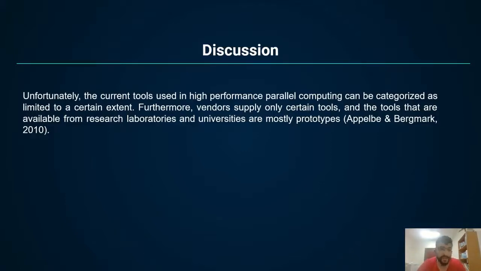This is due to the fact that, firstly, these tools are being developed within the labs of universities. Each university would develop a tool that helps them in their own research. But when another university wants to use it, they would find that these tools are quite limited, as they were not made to be used by everyone.